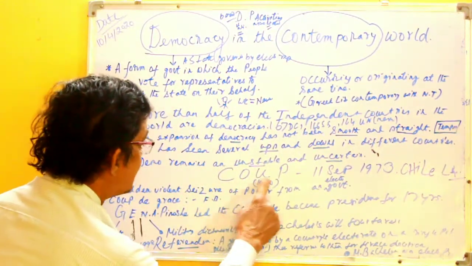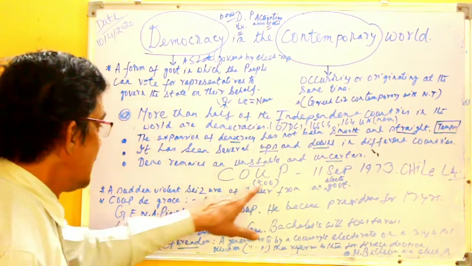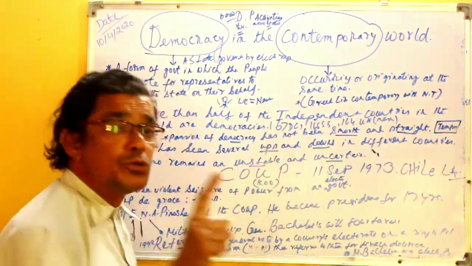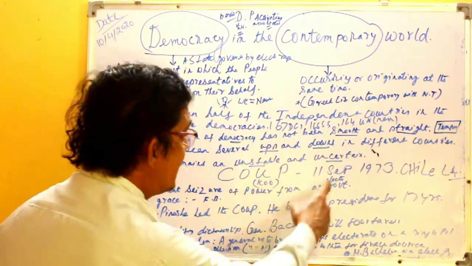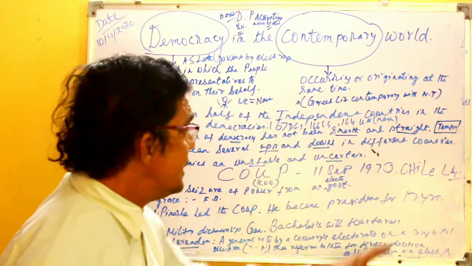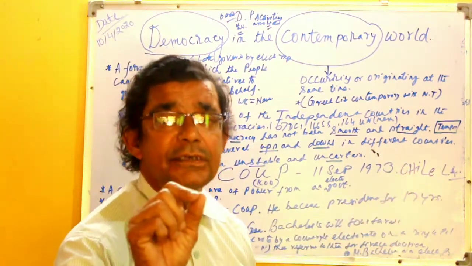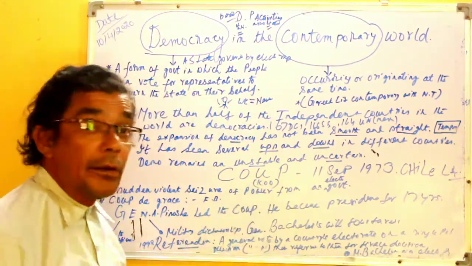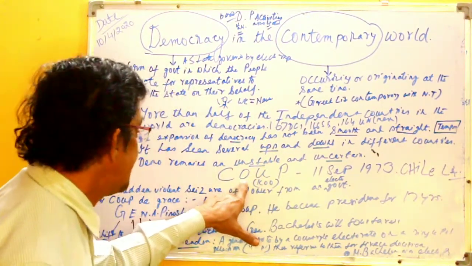See the word C-O-U-P. It is called coup. And this coup happened on 11 September 1973 in Chile. Chile is a country in Latin America. Now, first you see the definition of coup.